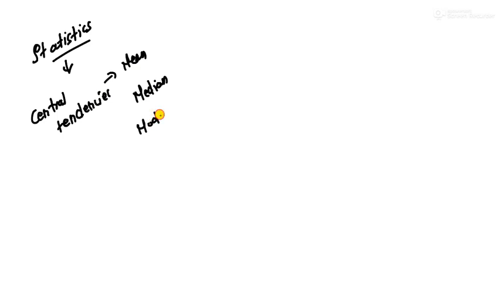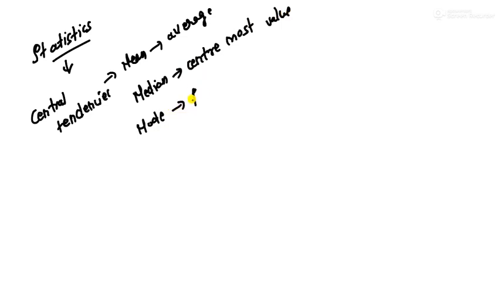So what are they? See, mean refers to the average value. Median refers to the centermost value in increasing or decreasing order. That is very important, centermost or midmost value. And mode refers to the frequent value, which is the most repeated value.